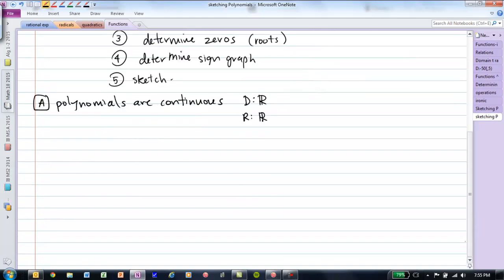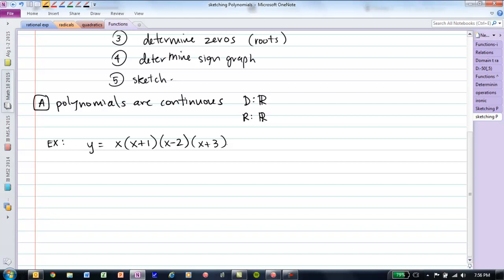All right? So here's our first example. Y equals x times x plus 1, x minus 2, x plus 3. All right? So the first question was determine the degree.